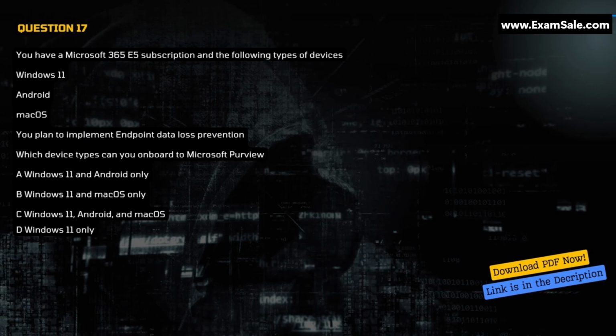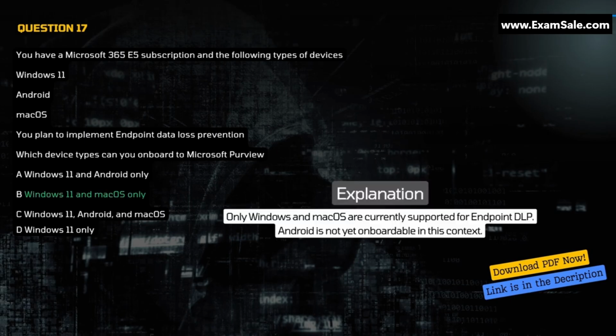B. Windows 11 and Mac OS only. C. Windows 11, Android, and Mac OS. D. Windows 11 only. Correct answer is B. Explanation: only Windows and Mac OS are currently supported for endpoint DLP. Android is not yet onboardable in this context.